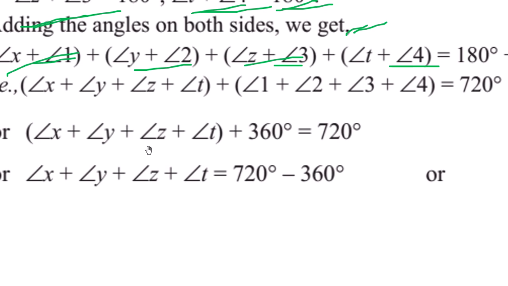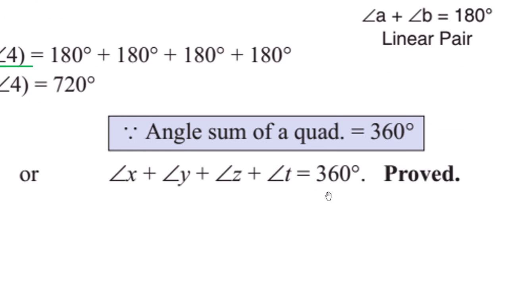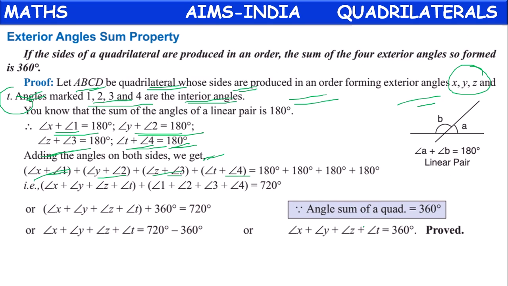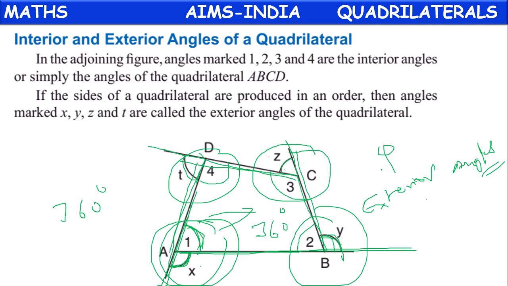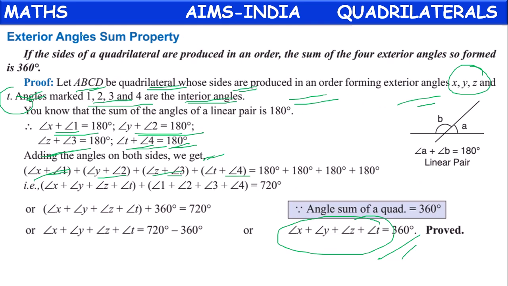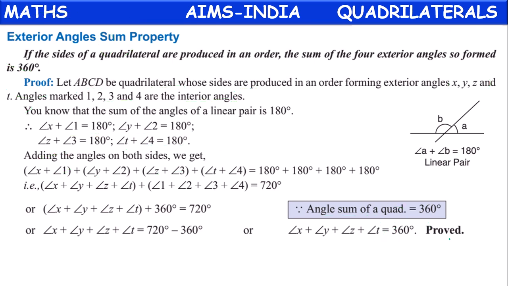X plus Y plus Z plus T equals 720 minus 360, which is equal to 360. What are X, Y, Z, T? Exterior angles. So the sum of exterior angles of a quadrilateral is equal to 360 degrees. Hence it is proved.